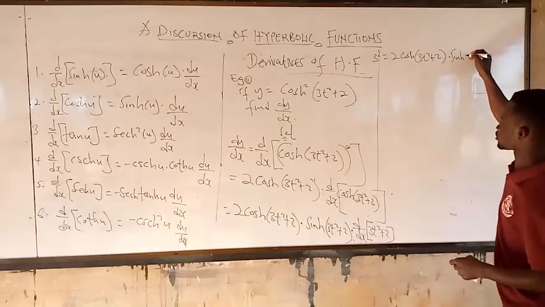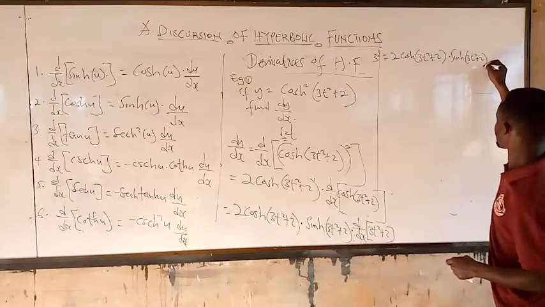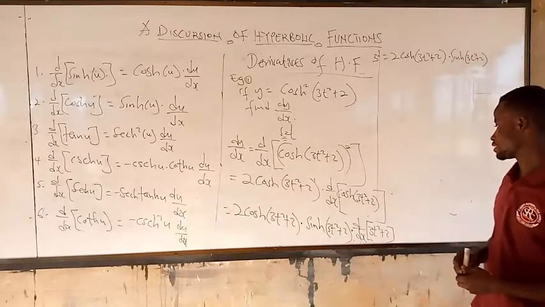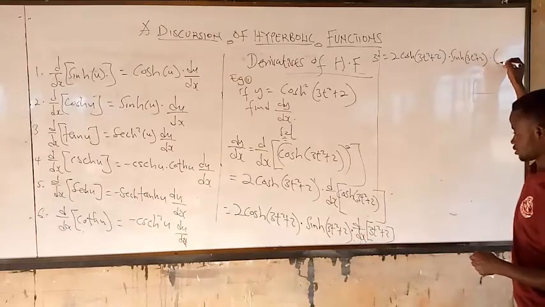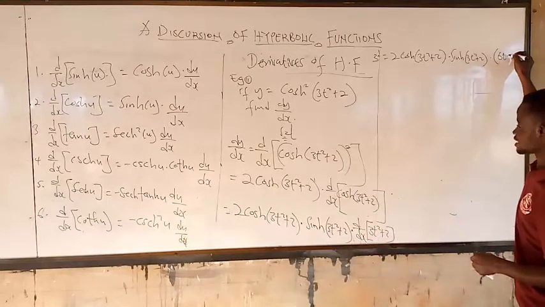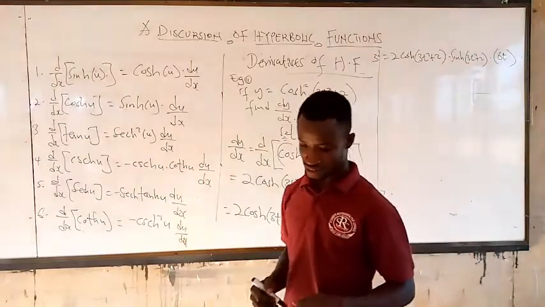Hope you are following. Alright? And when you differentiate this, you are going to get 6t, because that will be just 6t.